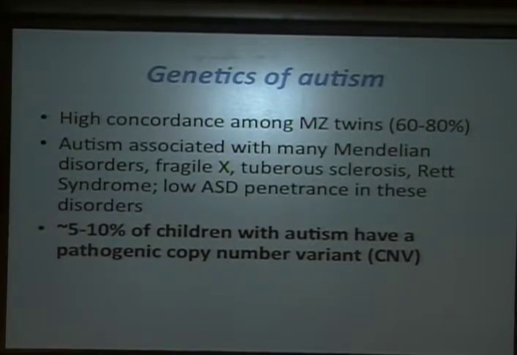In other words, a big chunk of DNA missing, or a big chunk duplicated, all right? And what do I mean by big chunk? I mean something that covers many genes, 30, 50, 100, okay? And that's known as a copy number variant.